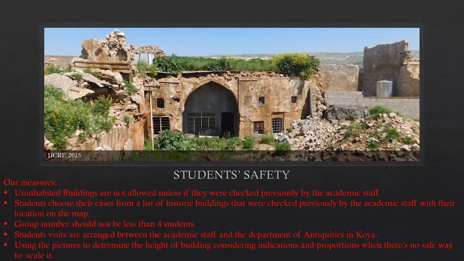So now we are not only checking the location previously, but we already have a list of historic buildings that we can advise on, and we can see if they can go there or not. The other rule is that the group number should not be less than 4 students, and we used to have boys and girls together. So certain cautions are needed, especially because of the clothing itself.